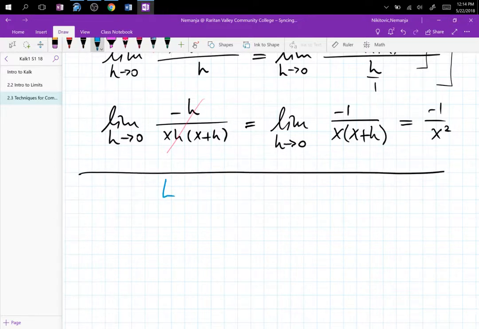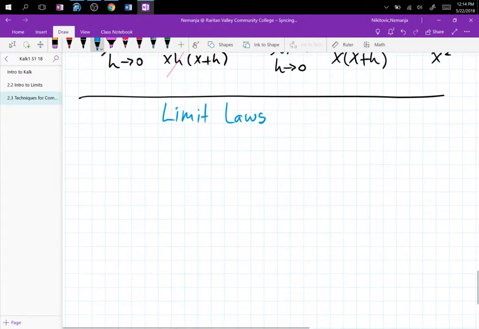One is the limit laws, which will help us solve some really cute problems. And then we have the squeeze theorem, and that would be 2.3. So let's go with the limit laws.